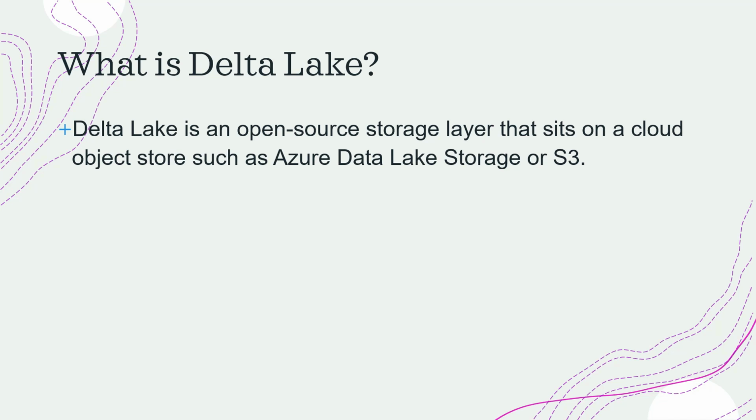Since Databricks is available on all the prominent cloud vendors like AWS, Azure, or Google, Delta Lake is a feature or a concept that Databricks provides. So this is available as a storage layer that sits on any cloud object store. It can be Azure Data Lake Storage or it can be S3.